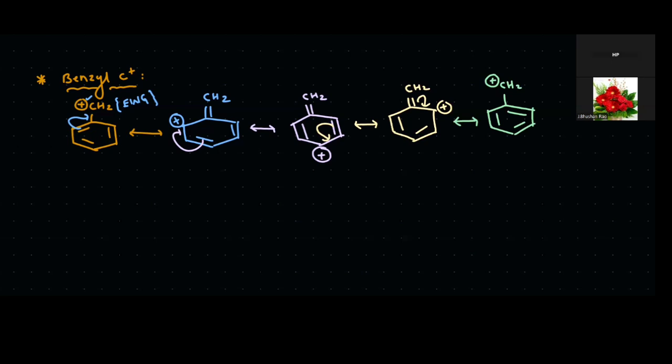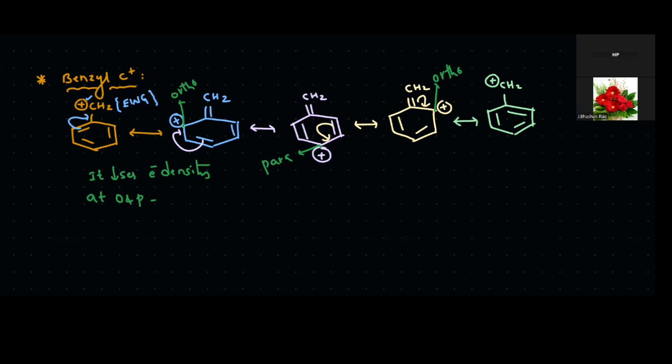In these mesomeric or resonating structures, what did you understand? This position is that position ortho. This position para, ortho. So the CH2 plus group present on the benzene decreases the electron density at ortho and para positions.